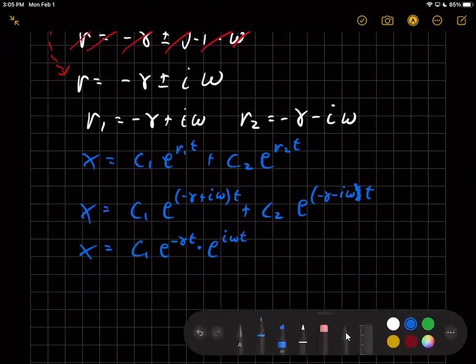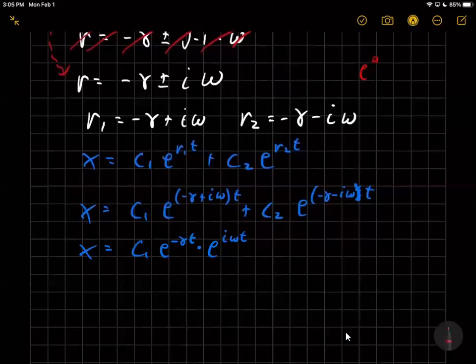You don't need to show this, but let me just put this on the side. If you have e to the a plus b, that is equal to e to the a times e to the b. Usually we go the other way. If we have a base raised to two different exponents, we add the exponents. In this case, the exponents were being added and we broke it up into two factors.